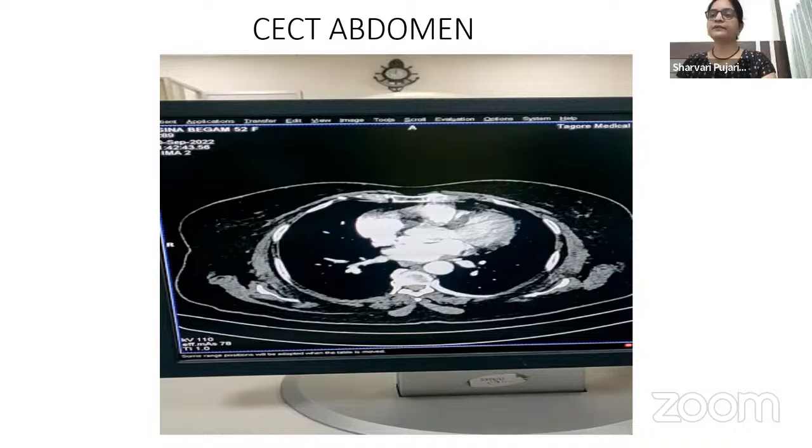So Dr. Prem, how do you treat this case? What treatment will you give to this patient? There are multiple liver lesions, right? Yes. So it is an advanced malignancy. You can give chemotherapy, gemcitabine with cisplatin based chemotherapy.